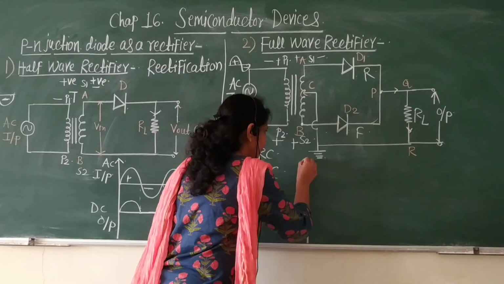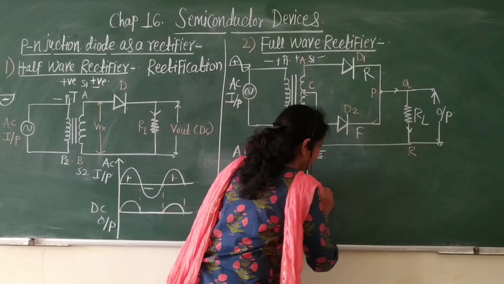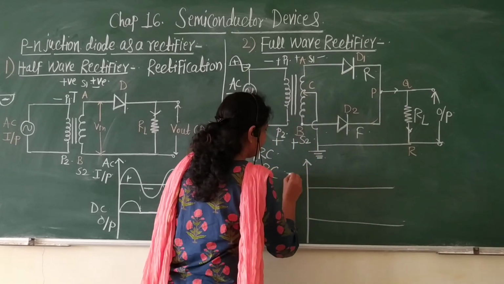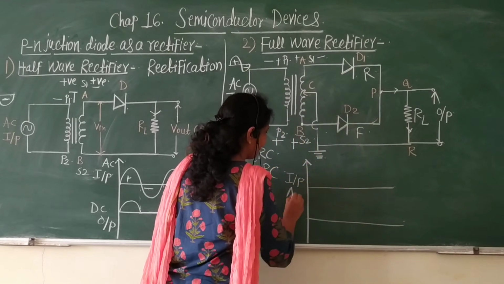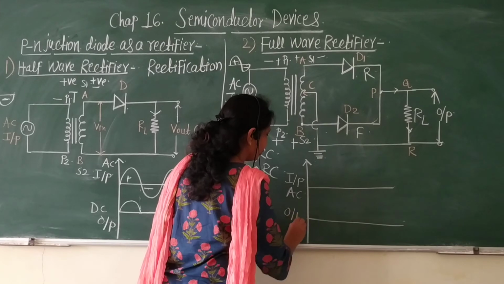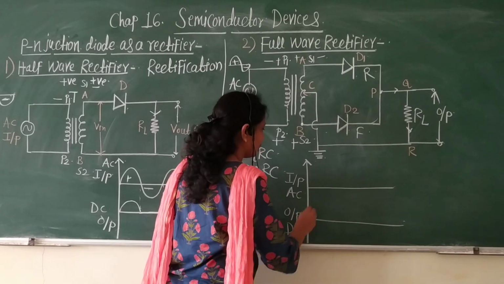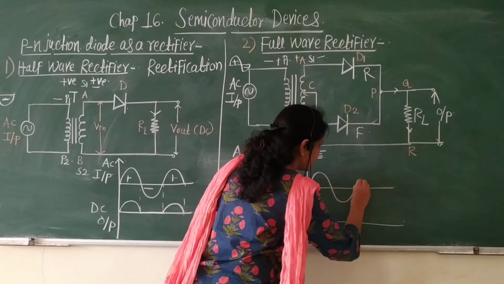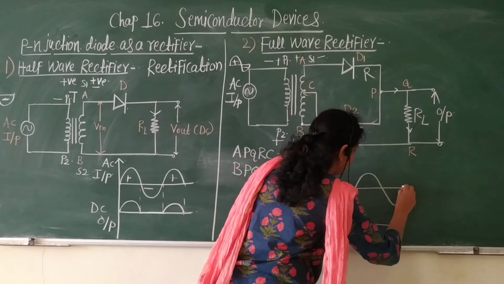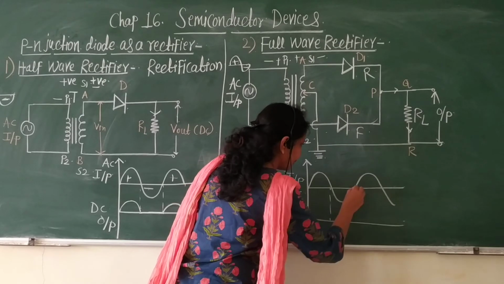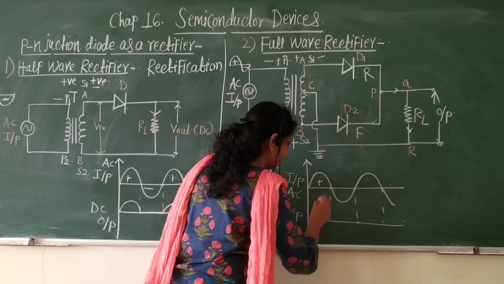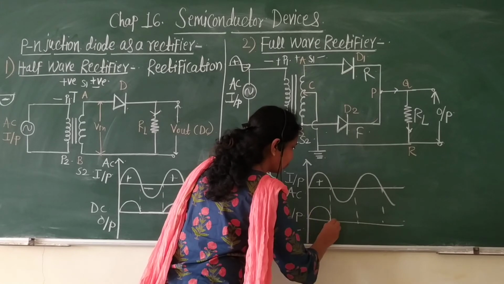This is the input AC and this is the output DC. Okay. This is the sinusoidal wave, sine wave. Therefore, during the positive half cycle, diode D1 is forward biased.